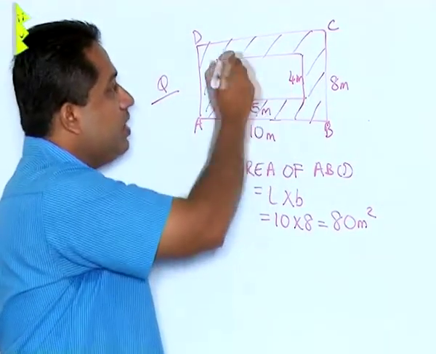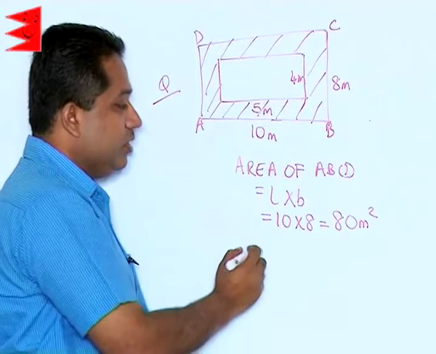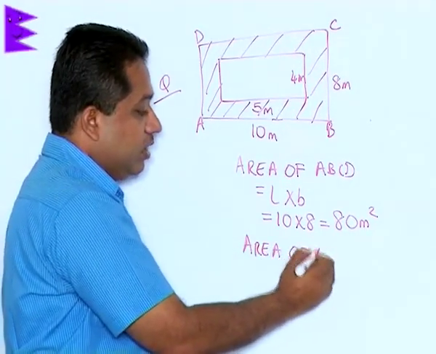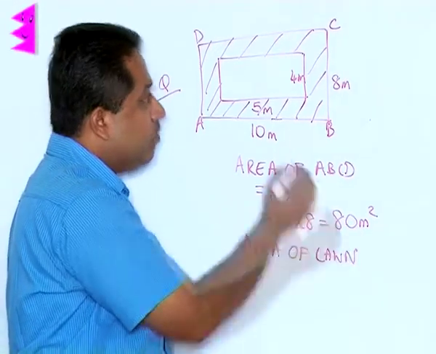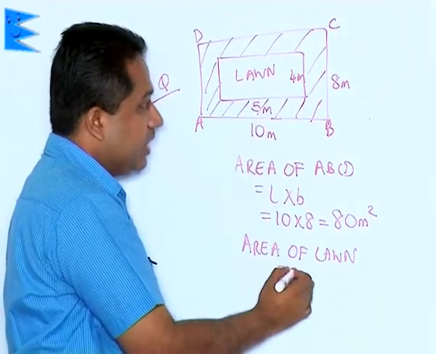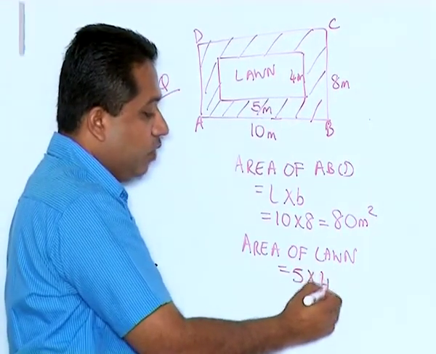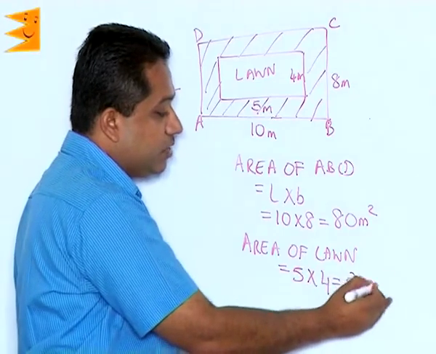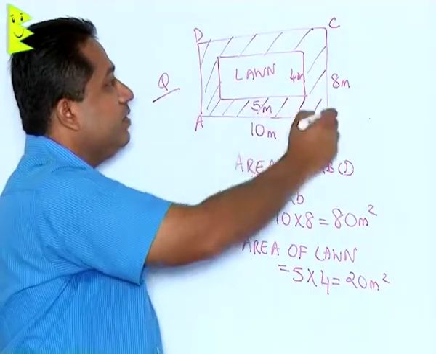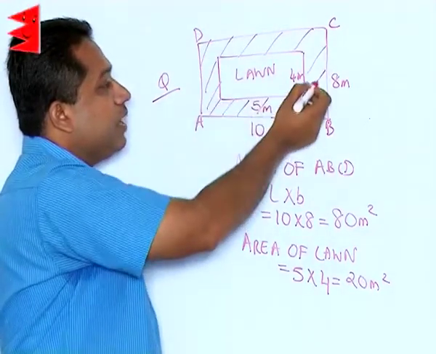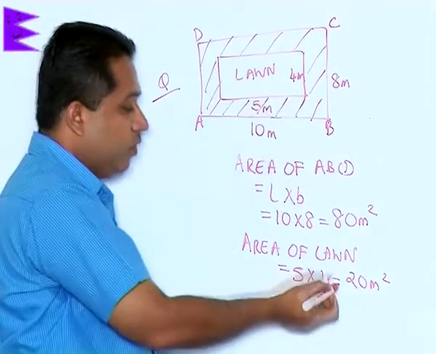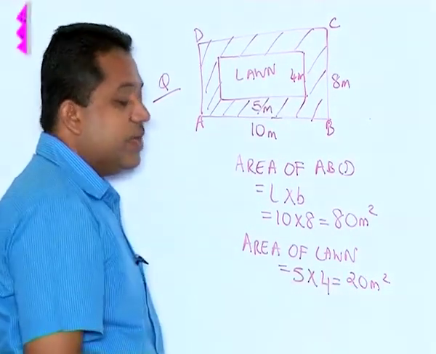And the smaller rectangle that we see inside, which is the lawn, area of the lawn will be equal to length multiplied by breadth here, that again will give us 5 into 4, that is 20 meter square. So, here we have found out the area of the full park, that is ABCD, including this path, and here we have the lawn with dimensions 5 by 4 and the area we have found out as 20 meter square.